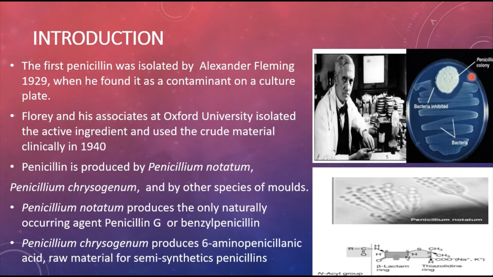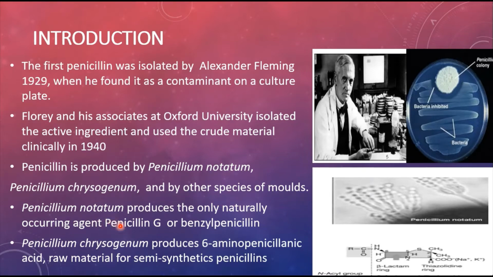Now here in the picture you can see a Penicillium colony, and an inhibition zone where the bacteria did not grow. This is a microscopic picture of Penicillium notatum, and this is the structure of penicillin. Penicillin is produced by different molds like Penicillium notatum, Penicillium chrysogenum, and other species of Penicillium.